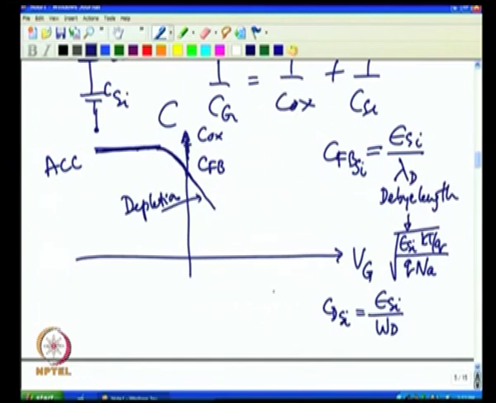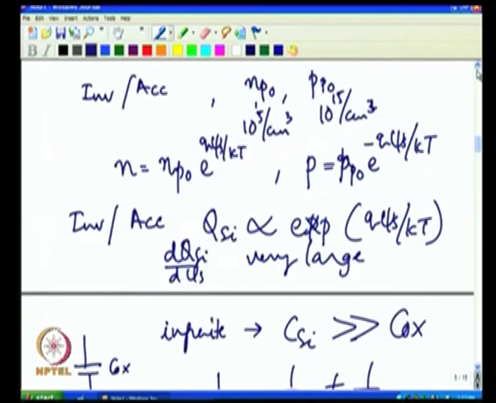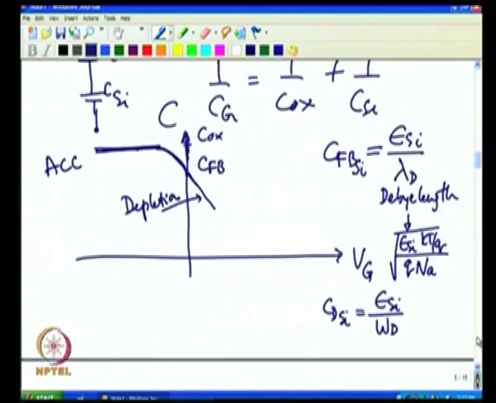Eventually you reach inversion. Let us say this is my inversion voltage somewhere here. What am I expecting in inversion? In inversion, charge should again increase exponentially, and hence I would expect this capacitance again to go to Cox. Somewhere here you make this transition.